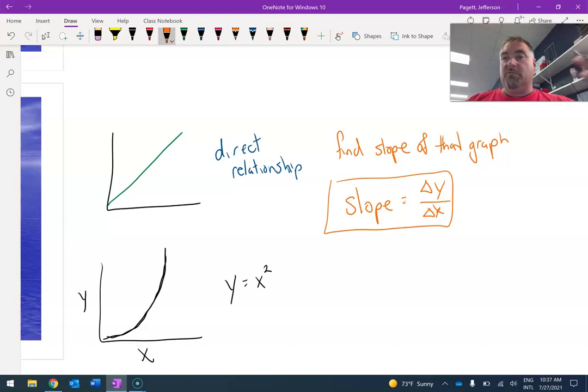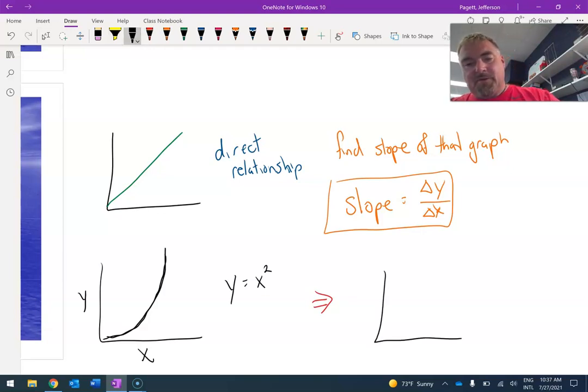Now, we're going to do something weird initially, and then we'll continue to work on it so it makes more sense. But we're going to linearize the data, meaning we want to graph something that will show us a direct relationship. Since we assume this is y equals x squared, we will graph y and x squared.